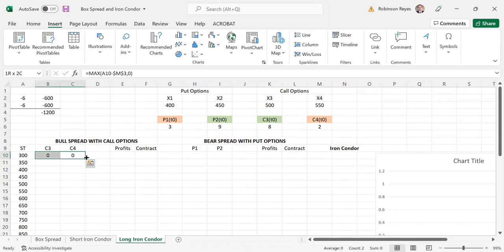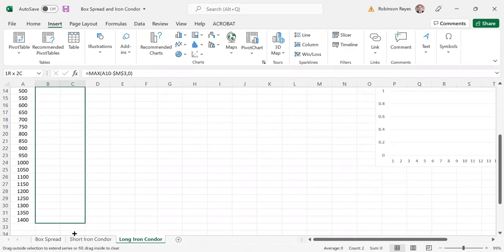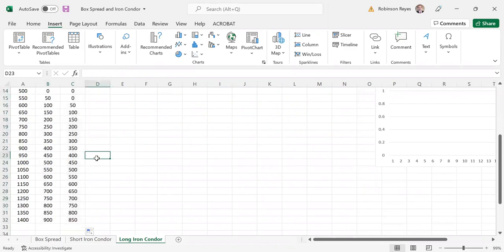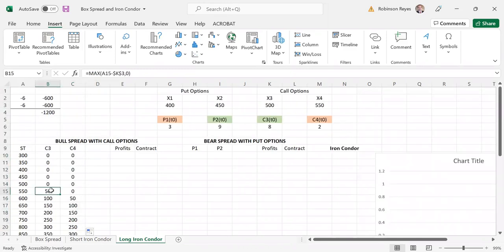Then we can scroll this down, right? Let's keep in mind that the profits from a money spread come from this difference. There's always a difference between the intrinsic values of the two.